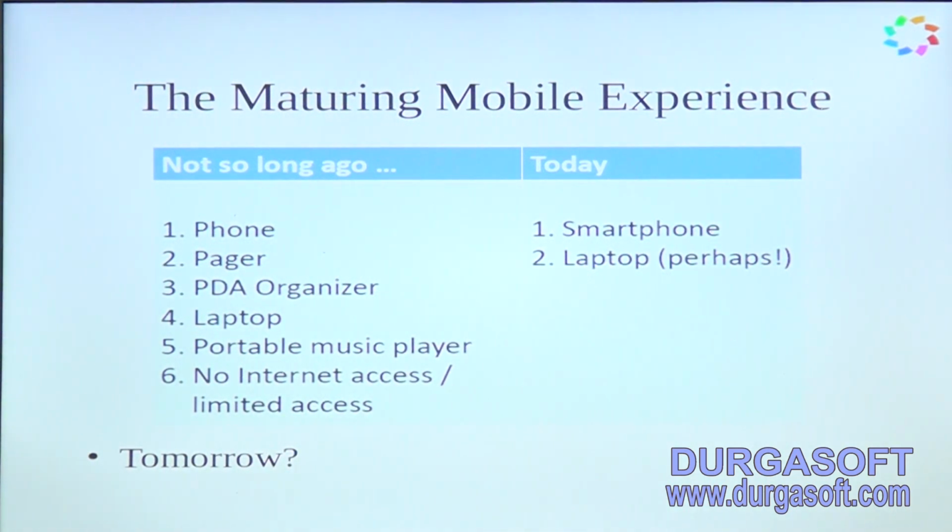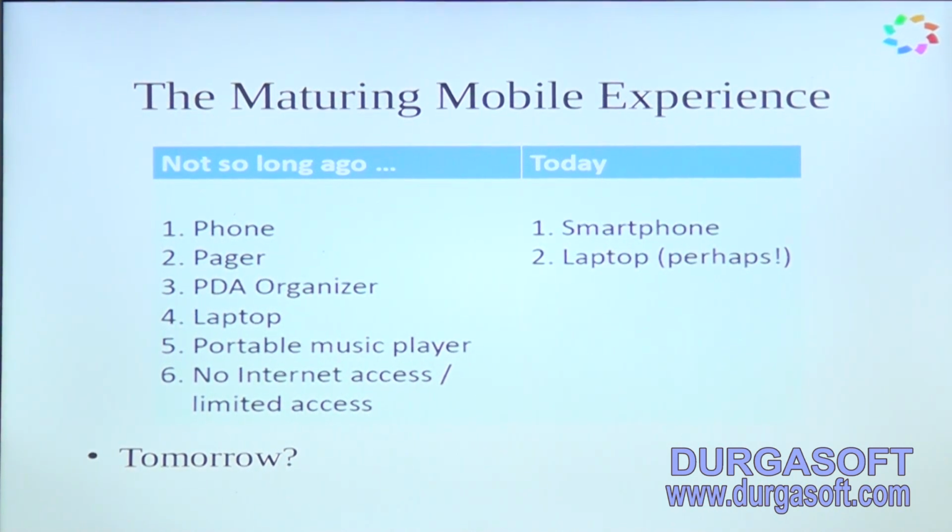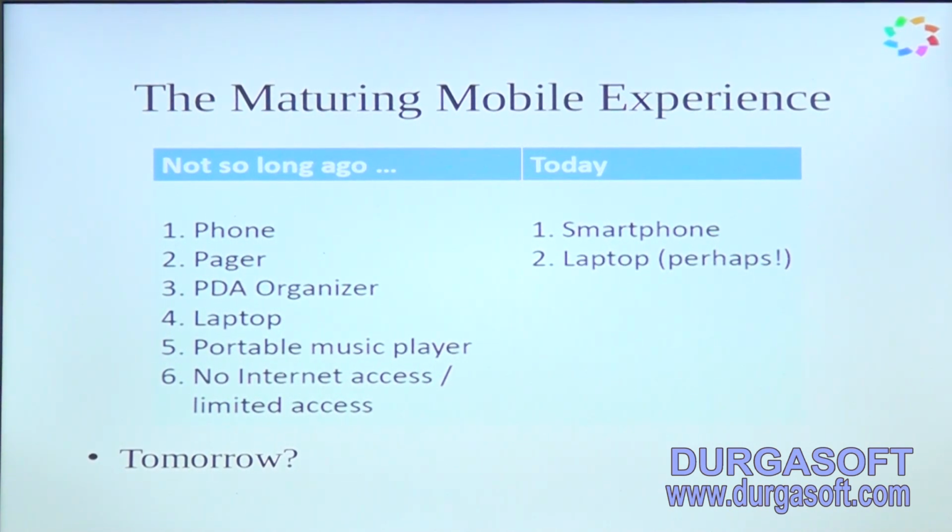And as we see the mobile experience today, previously we used a phone, pager, PDA organizer, laptop, portable music player, you can call it an iPod or a Walkman or any music device, used separately apart from your phone. And previously phones did not have internet access, or only very limited access.